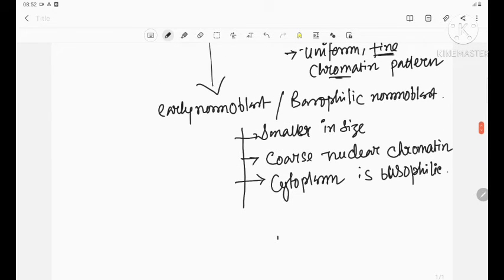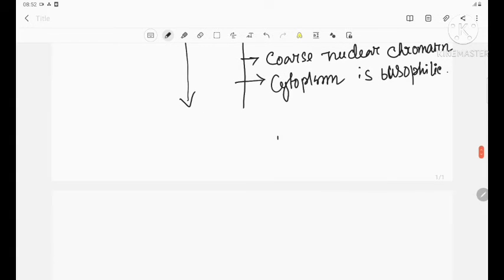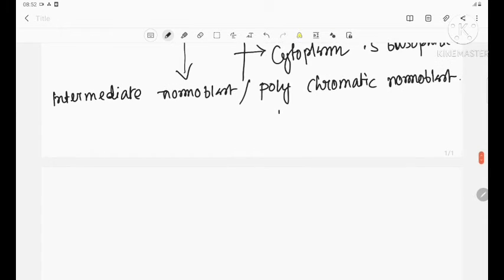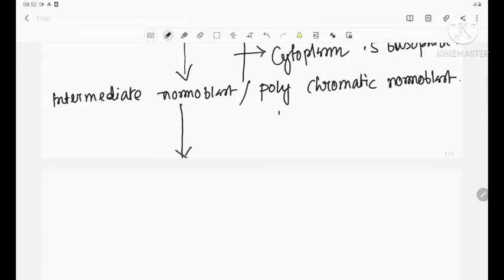The next step is from early normoblast to intermediate normoblast or polychromatic normoblast. Now the nucleus is smaller in size.